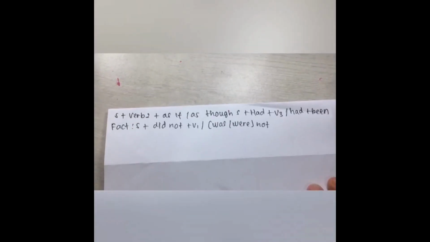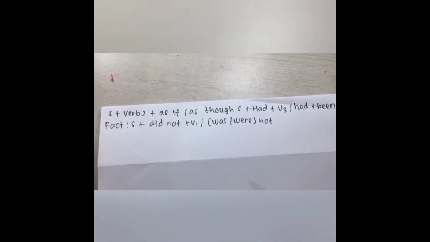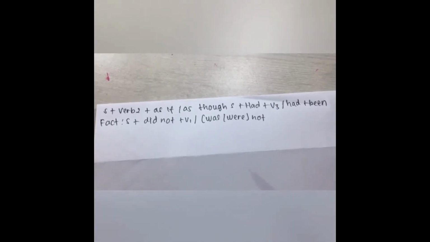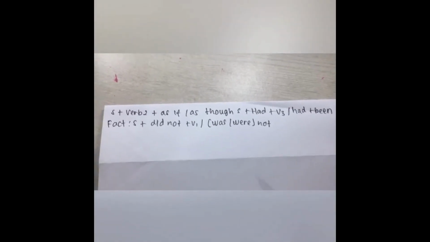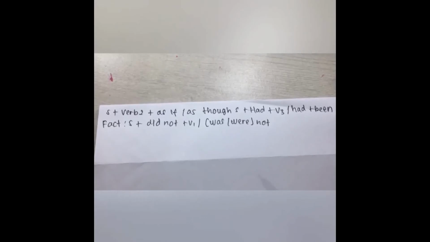Jadi untuk rumusnya yaitu subject plus verb 2 plus as if or as though plus had plus verb 3 or had plus been. Untuk faktanya subject plus did not plus verb 1 or was and were plus not.